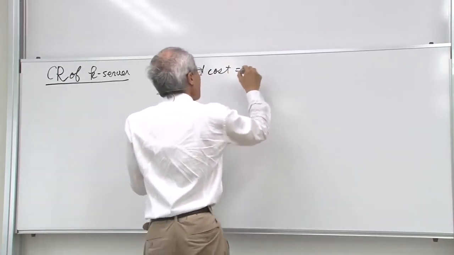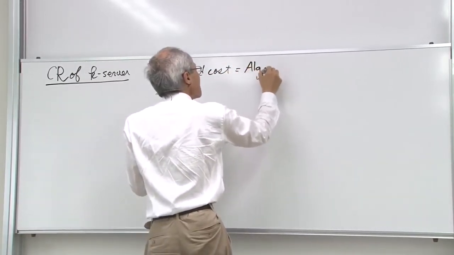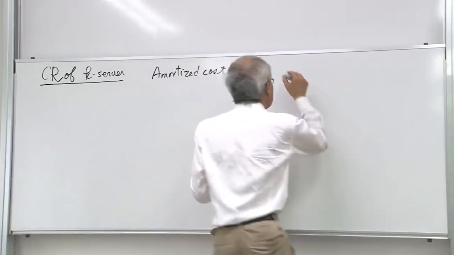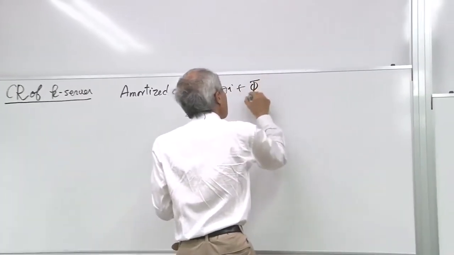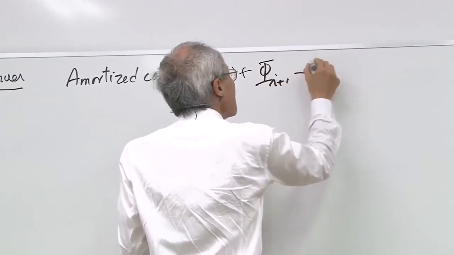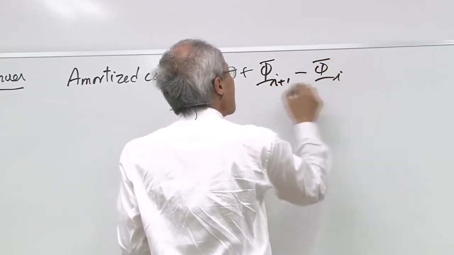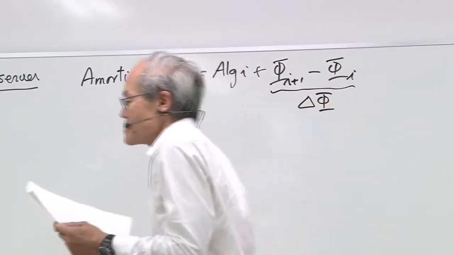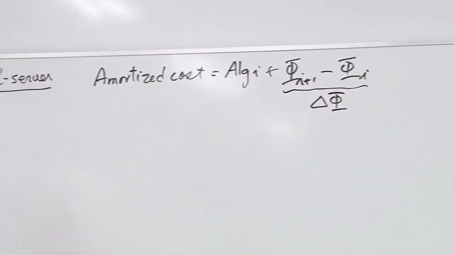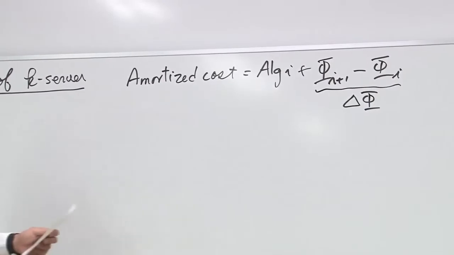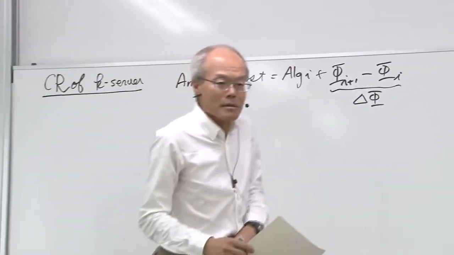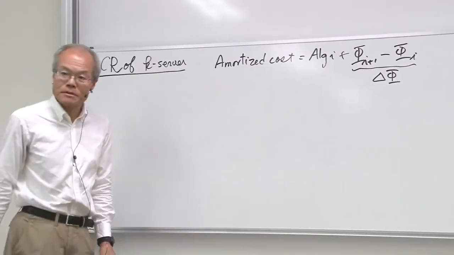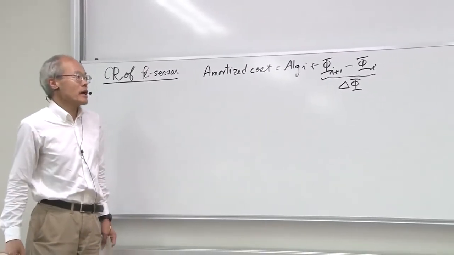That is equal to the real cost at step i plus some function psi, the difference of the value of psi between steps i plus 1 and i.